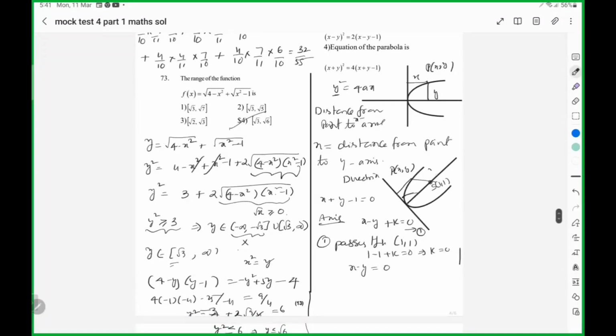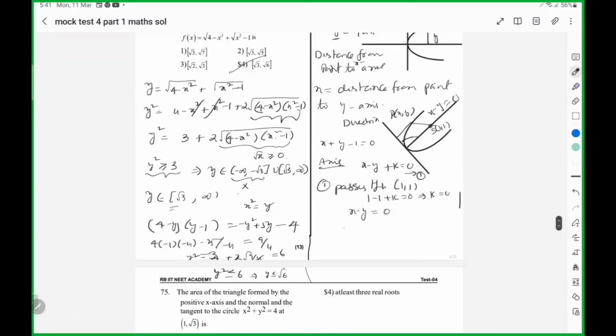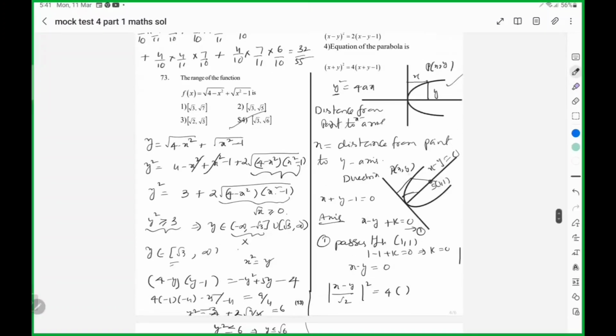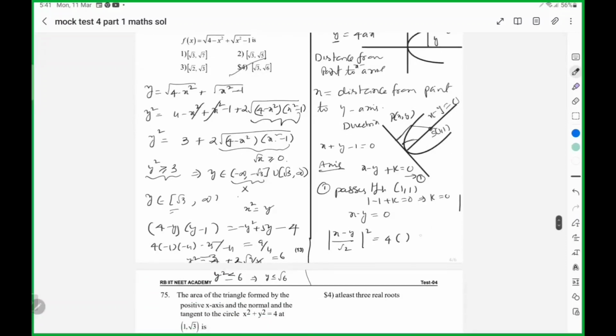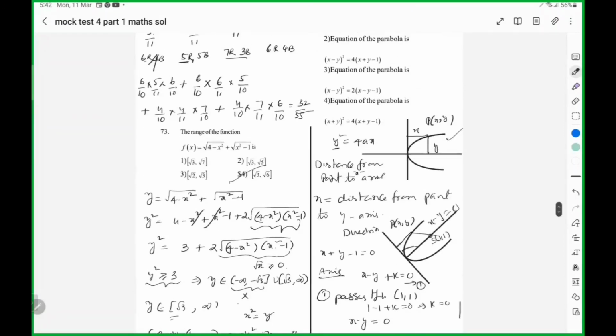So once you know the axis, as I suggested in this method, taking the distance from a point to the axis, which is 4 times a, and here x is nothing but the distance from the tangent at vertex to this point. That is, the axis equation we know, divided by root 2. Here what you have is a.